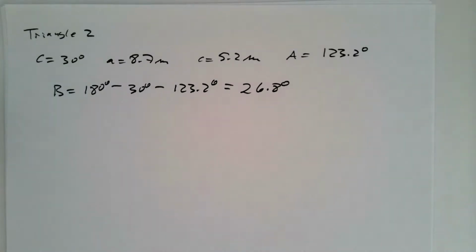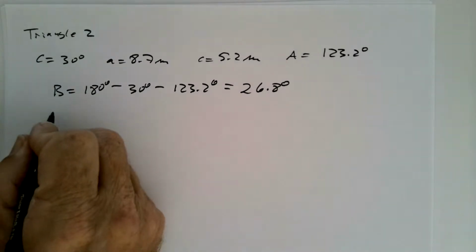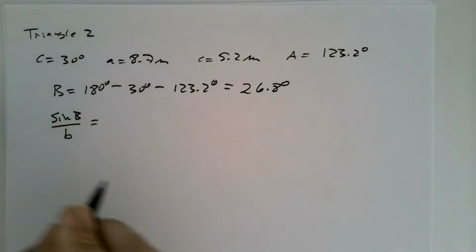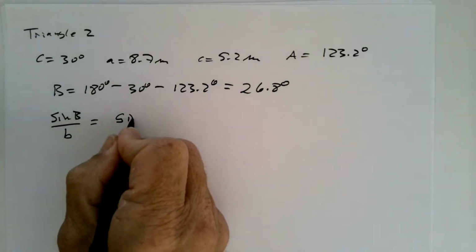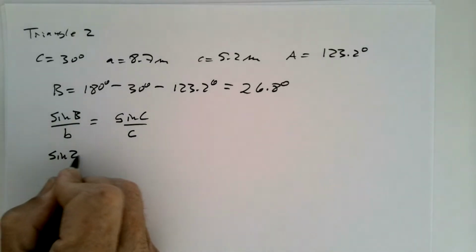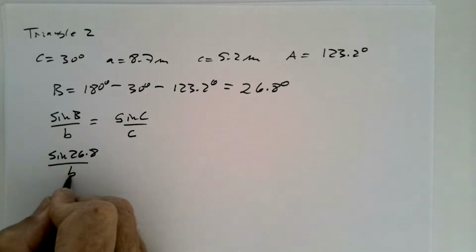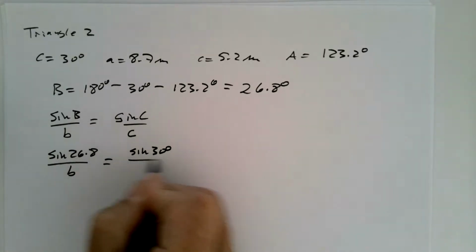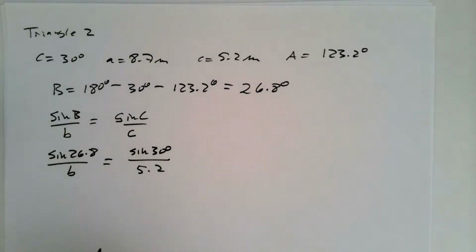And then we'll finish this off the same way we did before, using sine B over B equals sine C over C. So sine B, sine 26.8 over little b is sine C, sine 30 degrees, over little c, over 5.2.